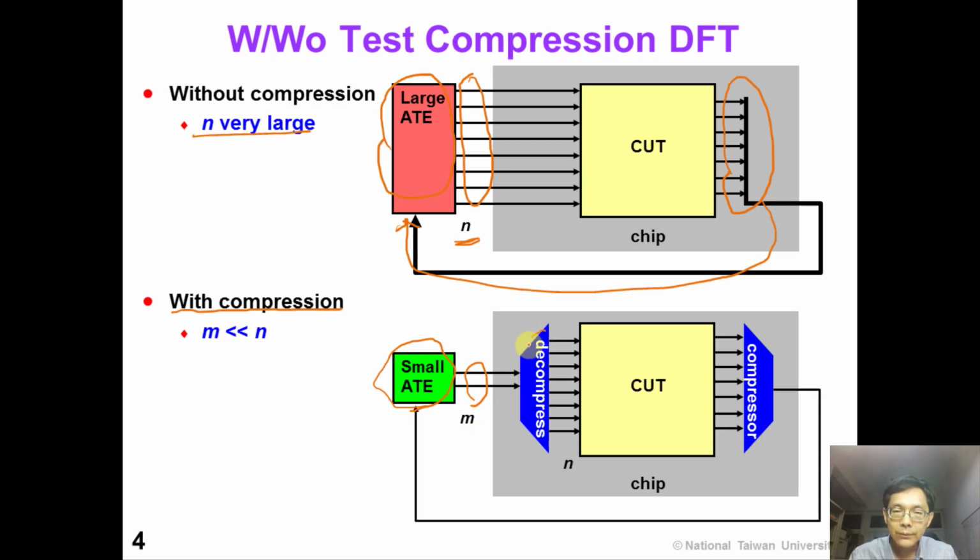On the chip, we have a decompression circuit that decompresses this small amount of data into a large amount of original test data. On the output side, we have an on-chip compressor which compresses the CUT response and sends it back to the ATE. Because M is much smaller than N, we can save a lot of cost in ATE and CUT communication.